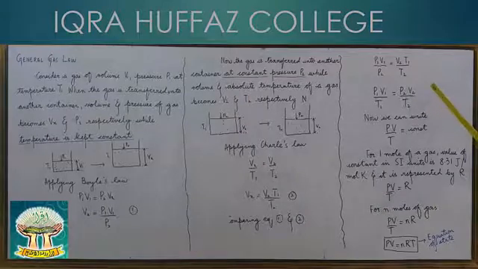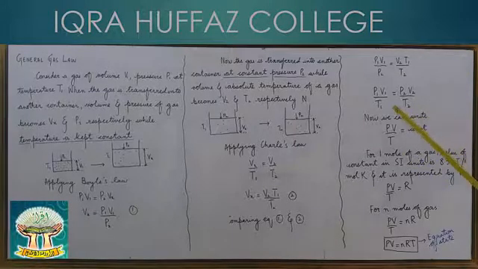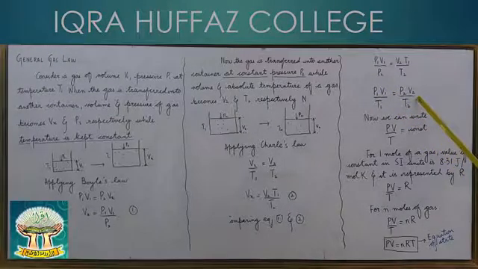We can further relate it as P3 V3 upon T3, P4 V4 upon T4 and so on. So it is important to note that the ratio between pressure, volume and temperature for the first stage, for the second stage or third stage remains constant, it remains the same.